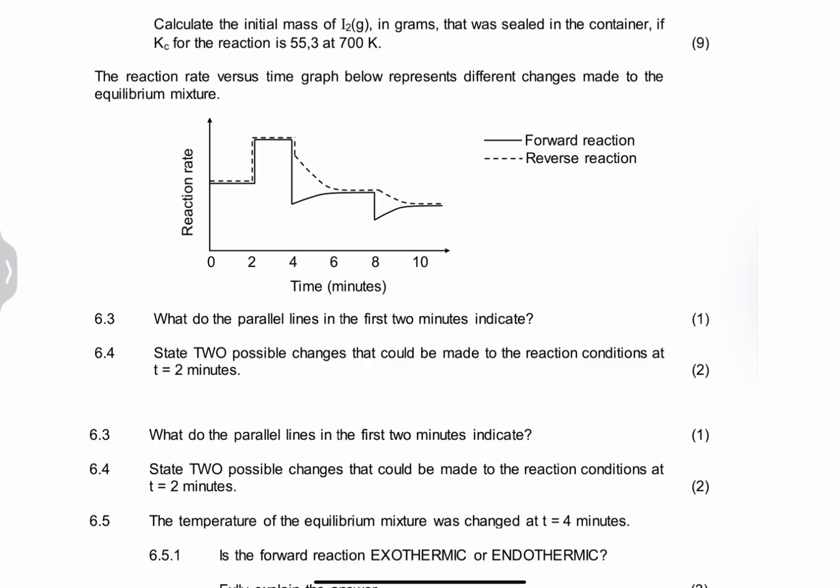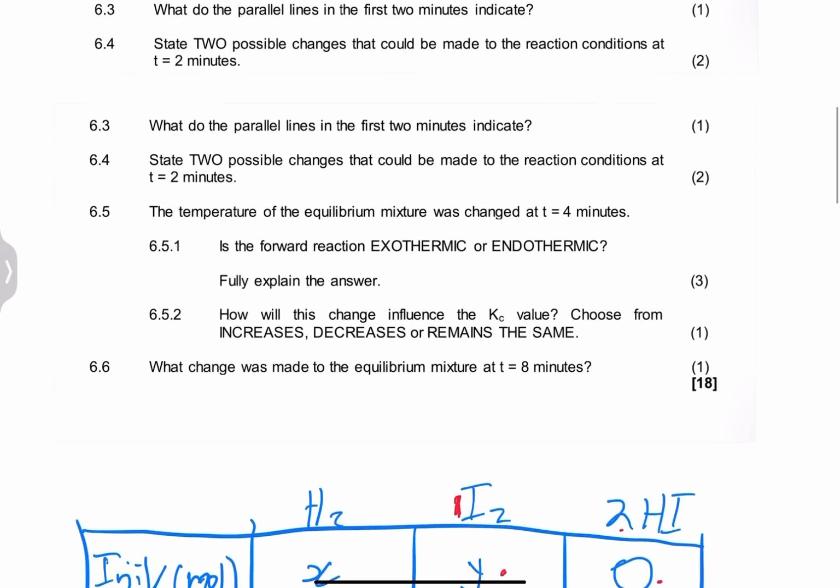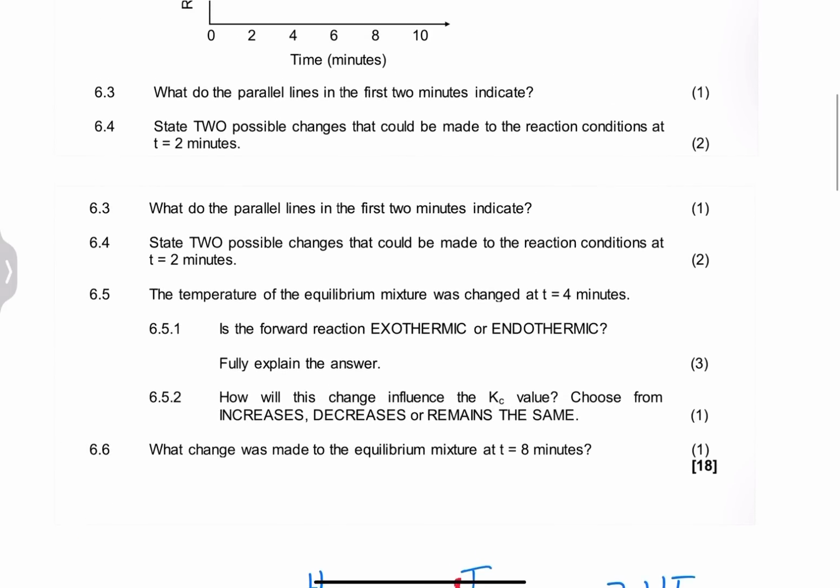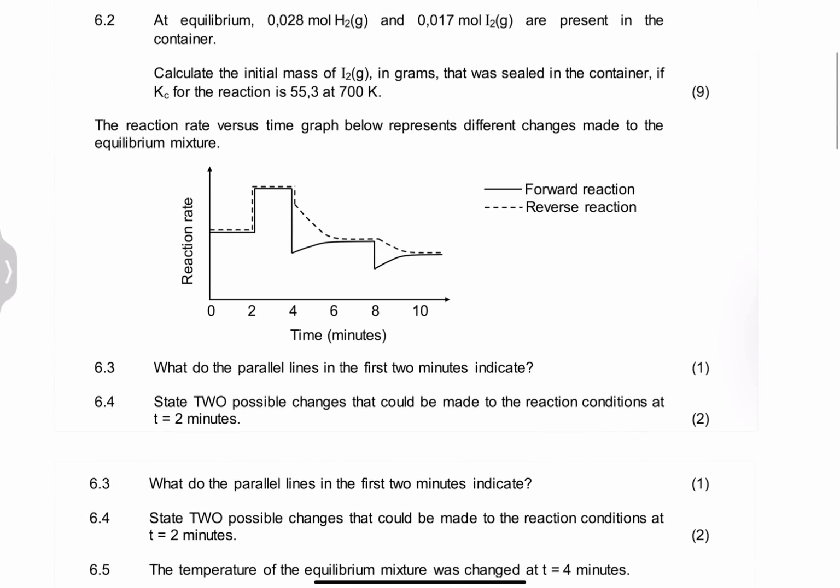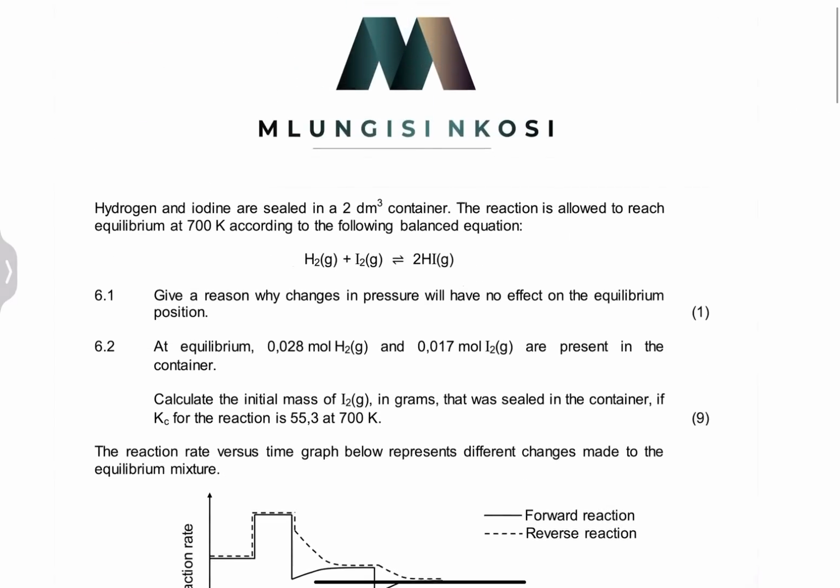So what would have happened? It means we must have decreased the concentration of one of our reactants, either hydrogen or iodine. How do we know that? Because it severely impacted the rate of the forward reaction. Okay, right. I hope that made sense, ladies and gents.